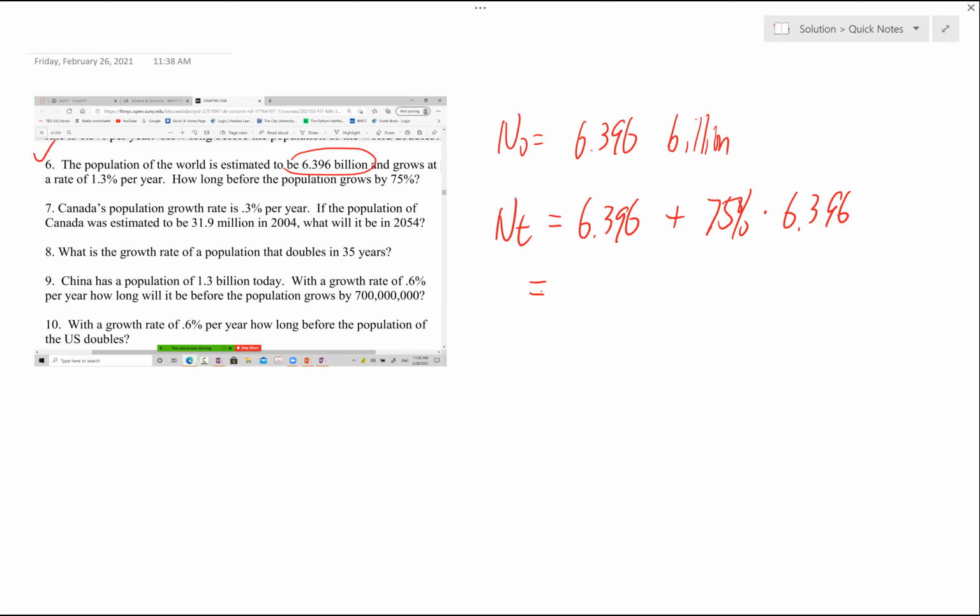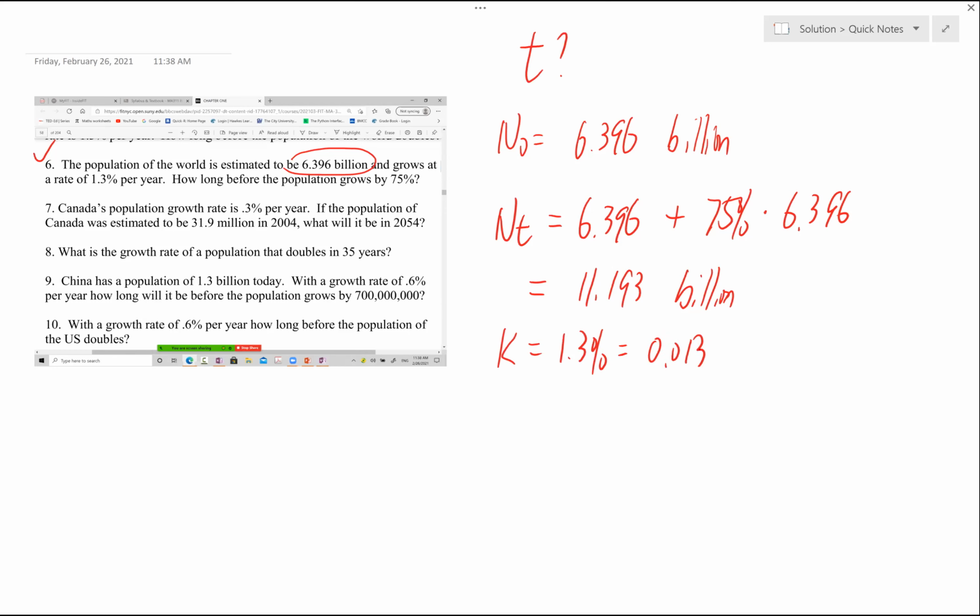So let's see what that is. 6.396 adding 0.75 times 6.396, and that turned out to be 11.193. Meaning we're looking at the population of 11.193 billion after certain years, and we try to figure out how many years that is. So we're still looking for time t, and here the k is given. K is 1.3%, so this is 0.013.